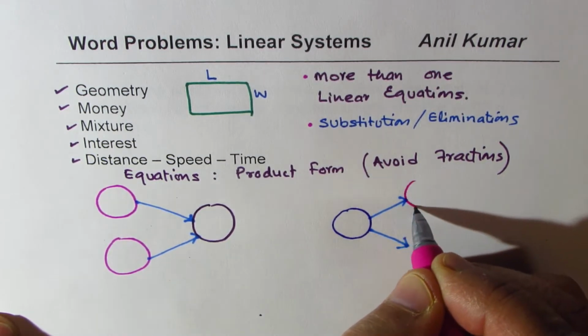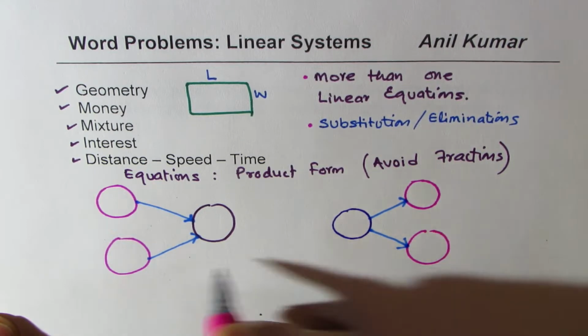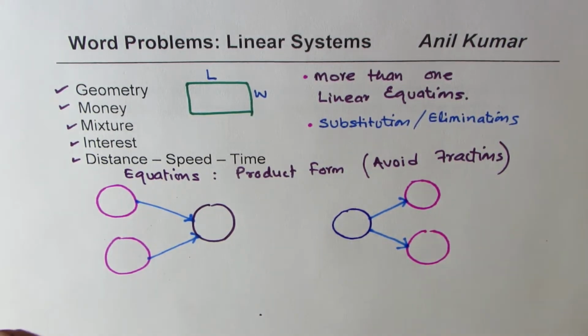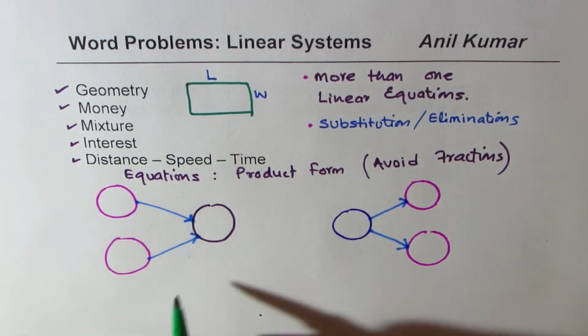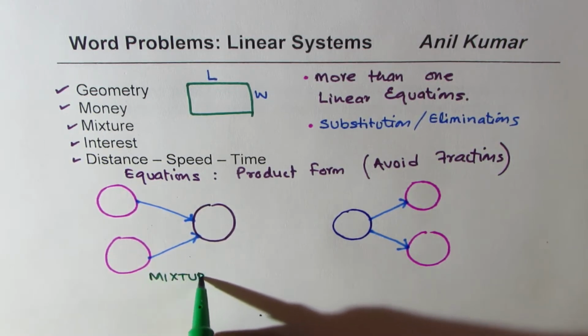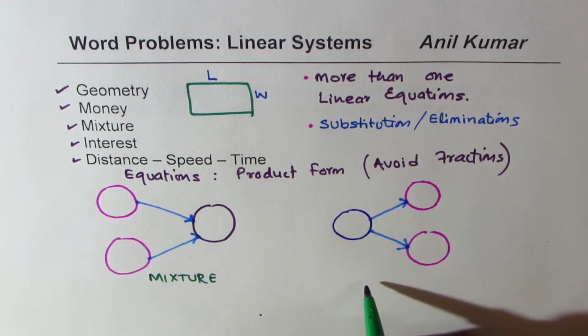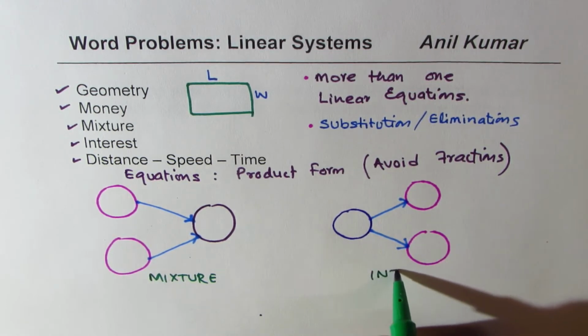So we'll make a sketch which will be kind of like this. Once we make a sketch, it'll be very clear how to solve these questions. That will be a general sketch for a problem which involves mixture, and this will involve, let's say, money or interest.